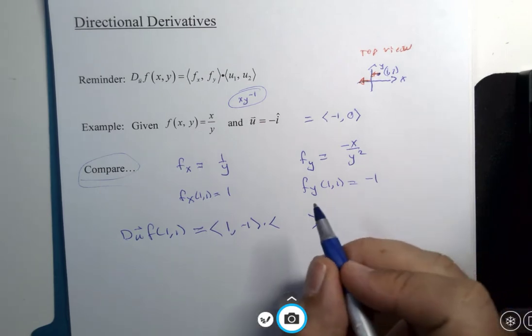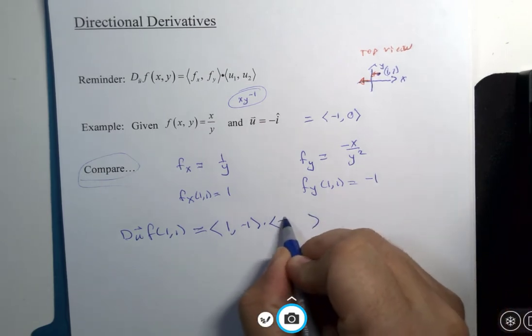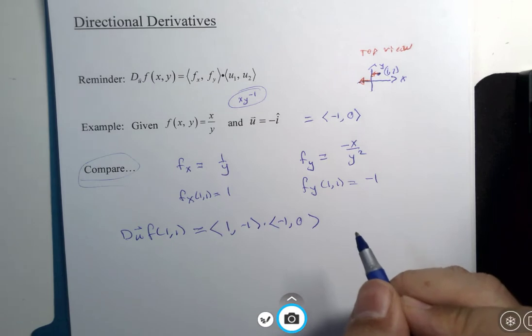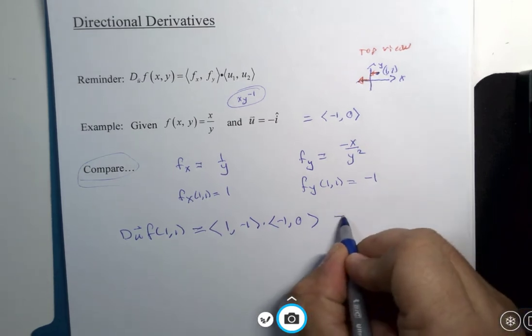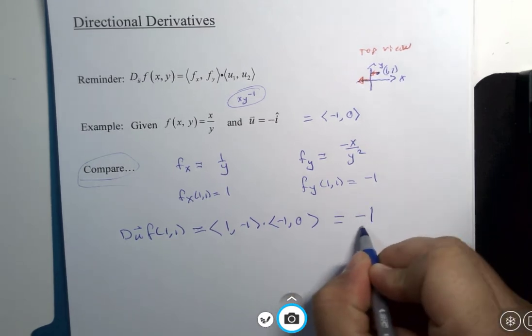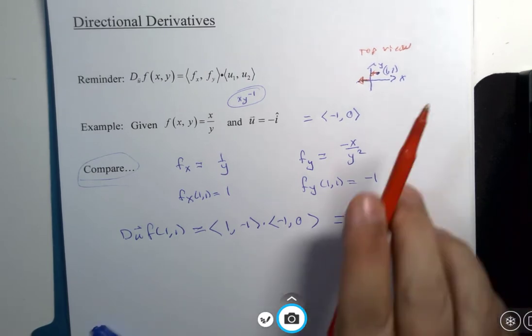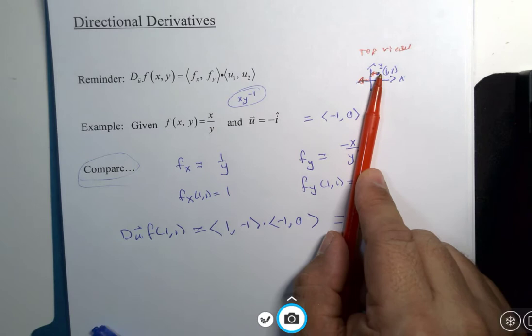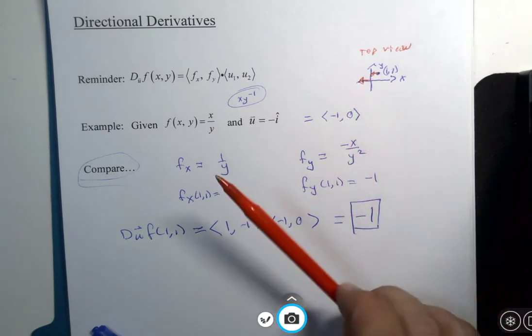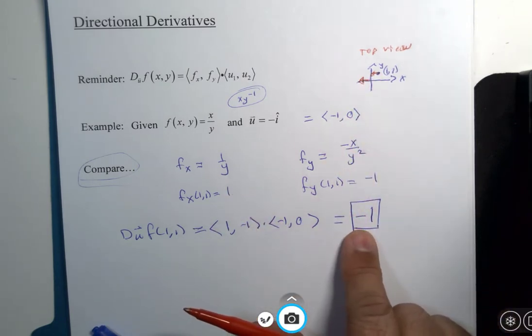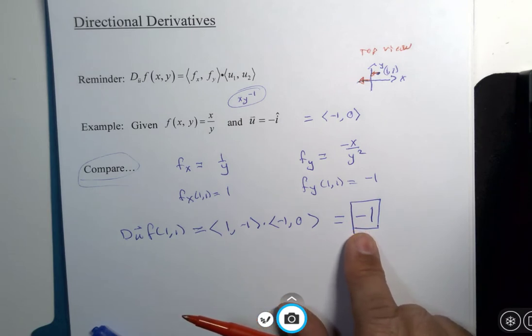So we have here -1, 0, and that dot product is going to be -1. Apparently, if I start at the point 1, 1 and I go left 1 unit, my z will be changing by going down 1 unit also. That's a directional derivative.